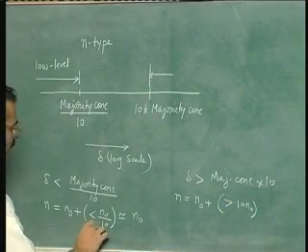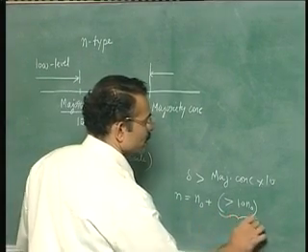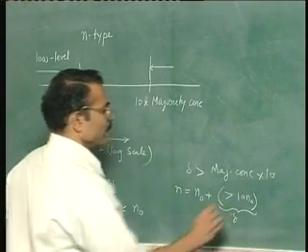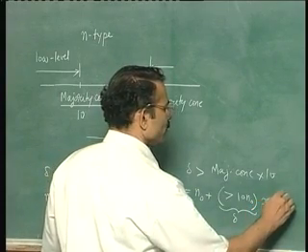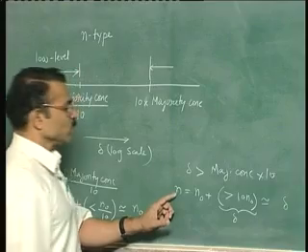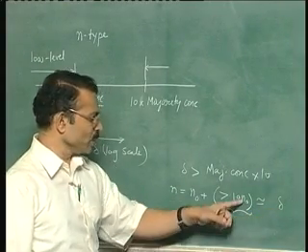So here this was your delta, which is a quantity approximately equal to delta itself. So n is approximately equal to delta itself, because delta is more than 10 times n naught.